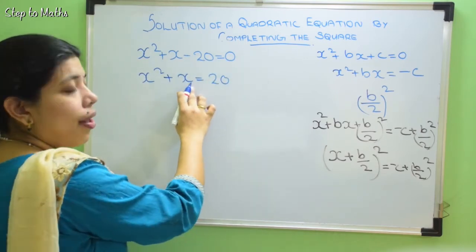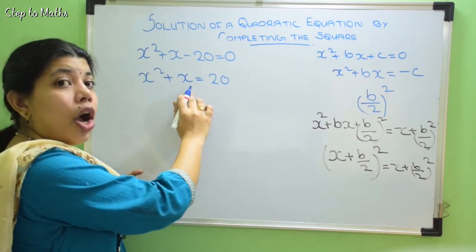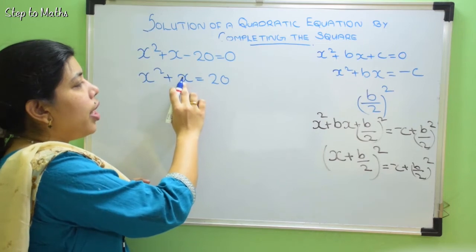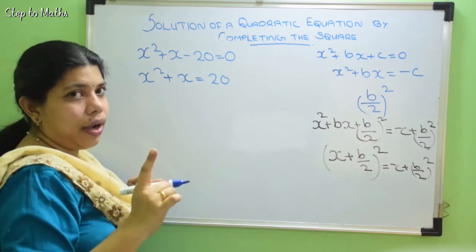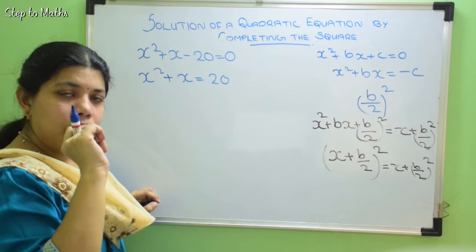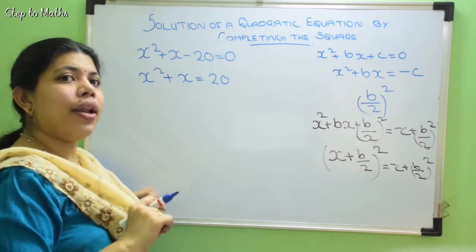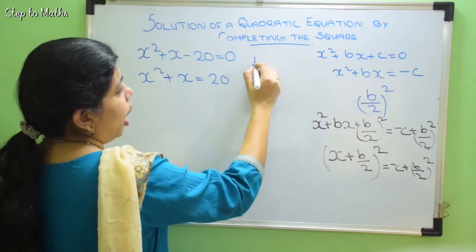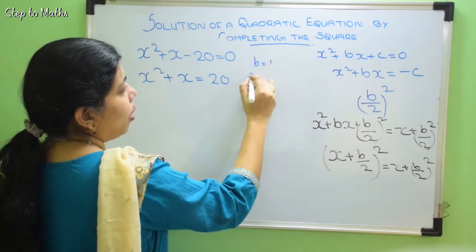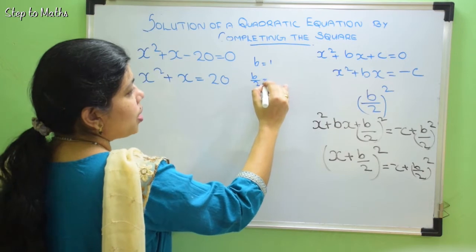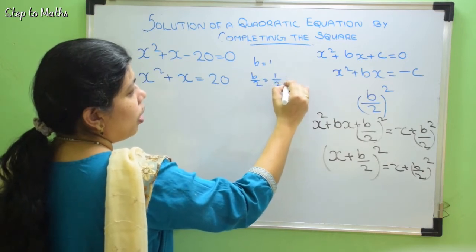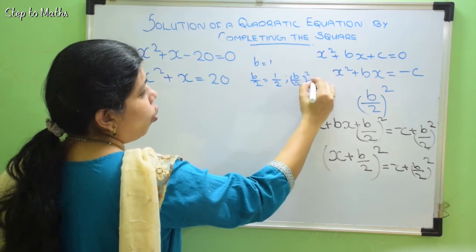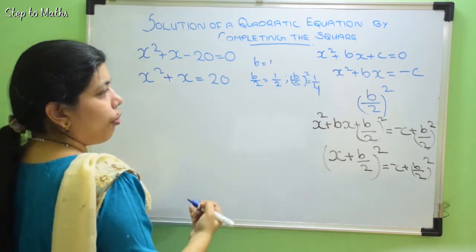Now take the square of half the value of the coefficient of x term. Here the coefficient of x, that is b, is 1. Its half value is 1 by 2 and its square is 1 by 4.